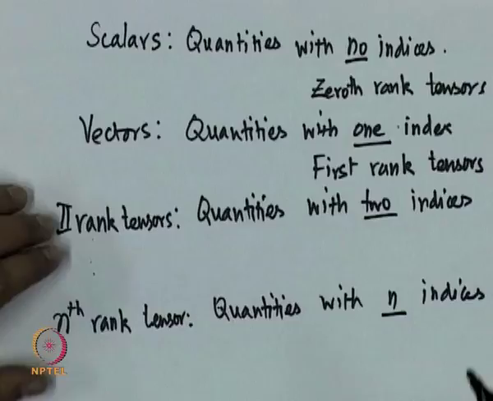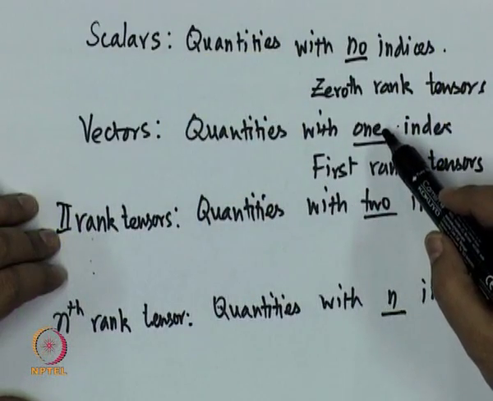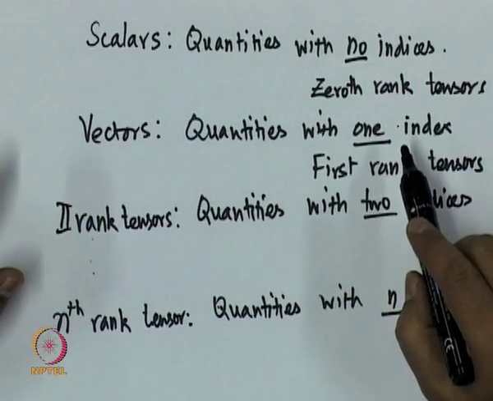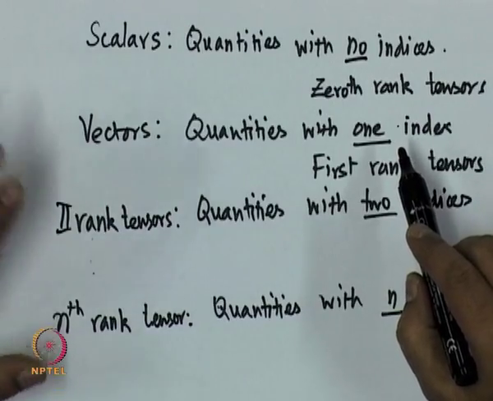Okay. Now, it is very important to notice that the index should not be confused with the range over which the index runs, right. If I have a vector which is in 2-dimensional space, it still has one index, just that the index runs from 1 to 2 or x to y.